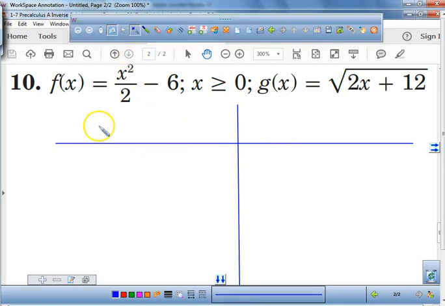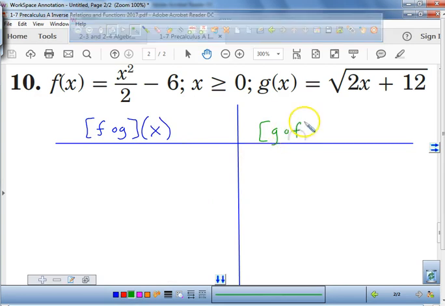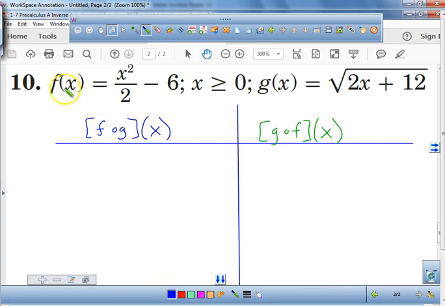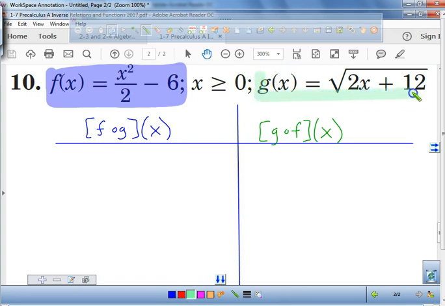One of them, I'm going to do f of g of x, and the other one, I'm going to do g of f of x, so I can see you work both of them out. I'm going to be evaluating how you plug something in.